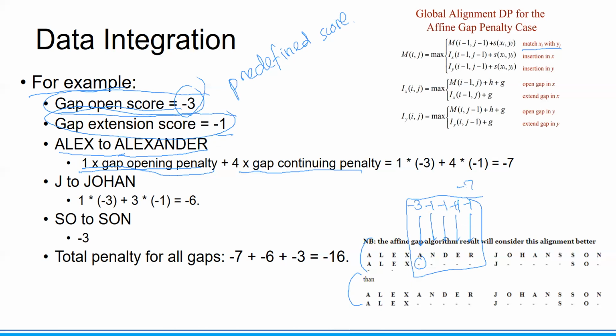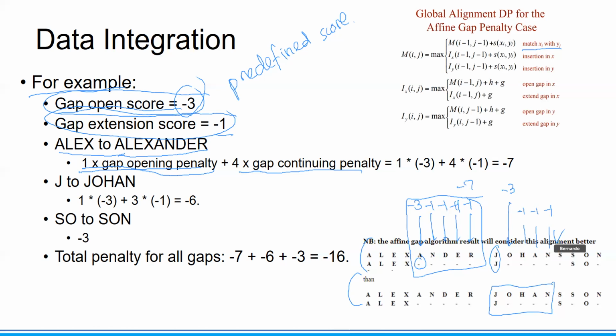And we have the Johansson. So what happened to Johansson? J is the first, so it is -3. Then what happened next? If you have this 1, 2, 3, it means -1, -1, and -1. If you have Johan, it is a lower value than this one.